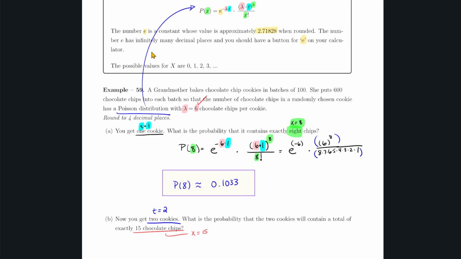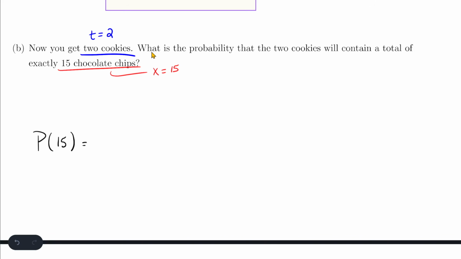I would encourage you right now to pause the video and write out the expression for the probability of 15 using the formula. Unpause to check your work. So here, as before, we start writing out the basics.